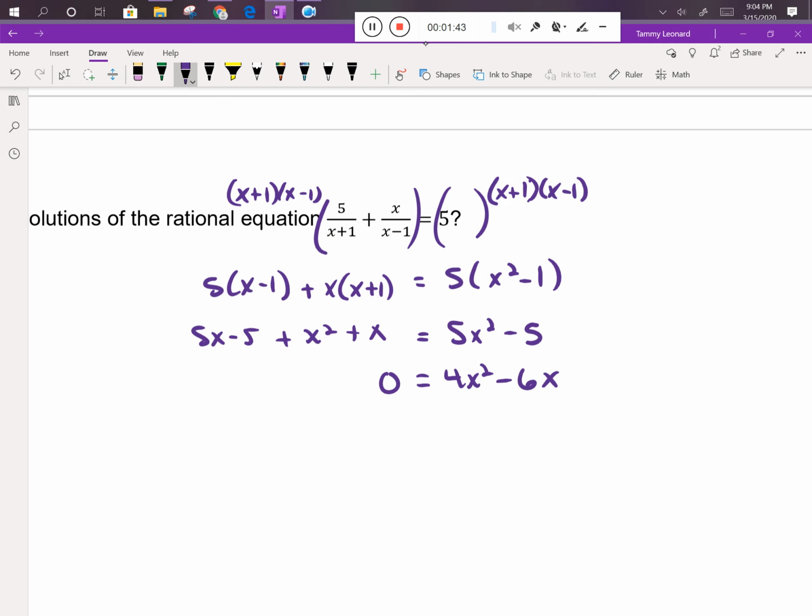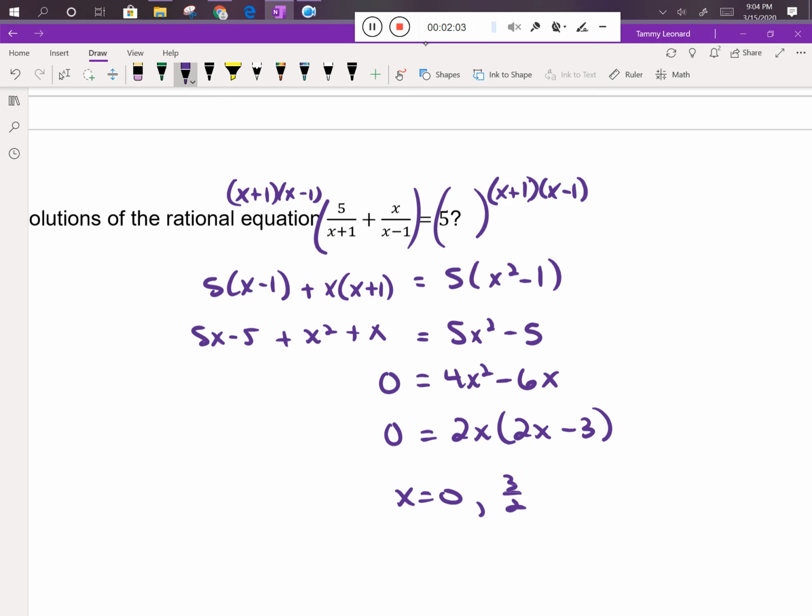So I just have that, 4x squared minus 6x. I can factor out the 2x that they have in common, leaving behind a 2x minus 3. So I can see that my two solutions would be x equals 0 or x equals 3 halves if I set that 2x minus 3 equal to 0 and solved.